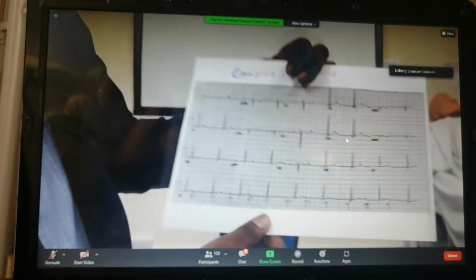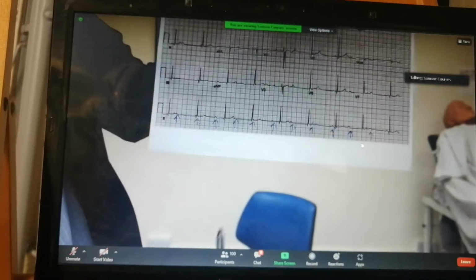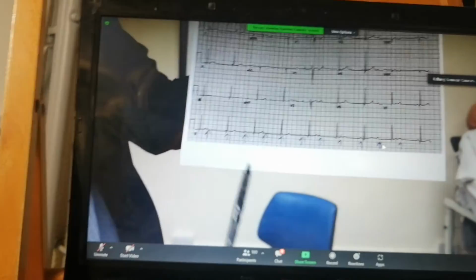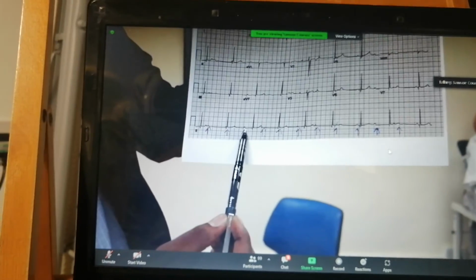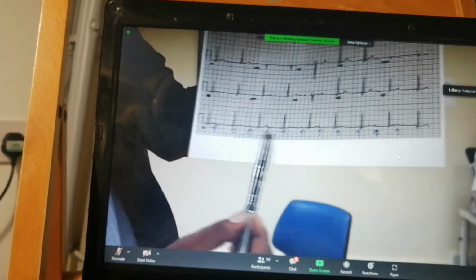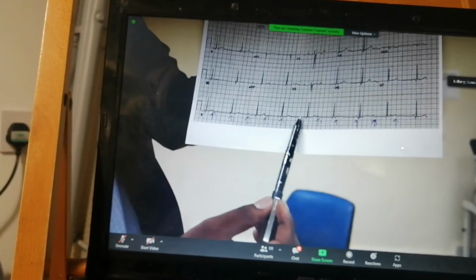Now, a few other ECGs that you might see may be of special interest. Let's look at this one. If you look at this ECG, is there a P wave? Here there is no P wave. Here it looks like there is a P wave. Here it looks like there is no P wave. So there is no pattern.